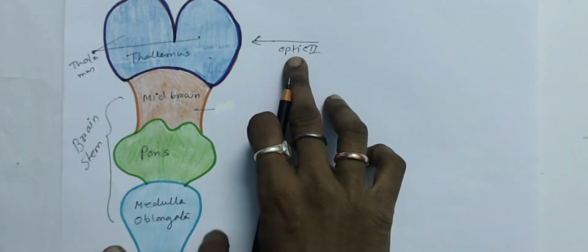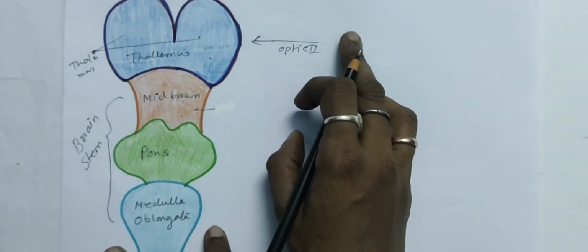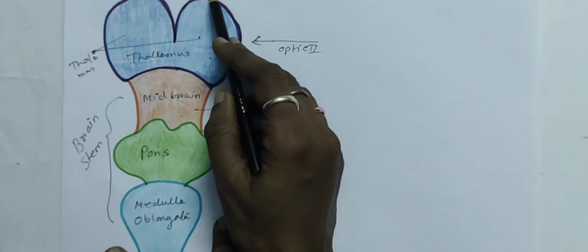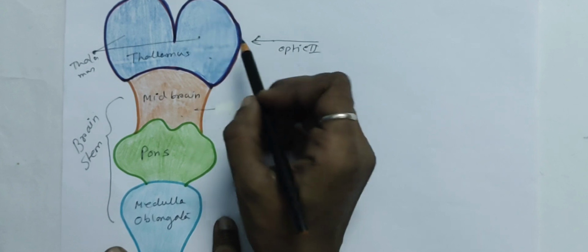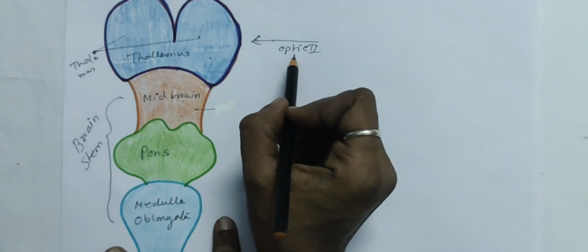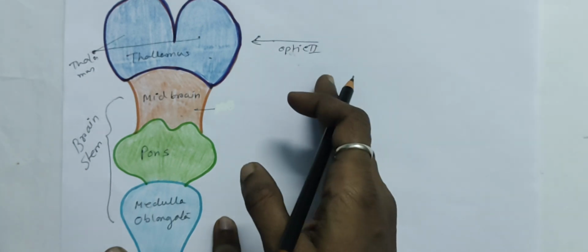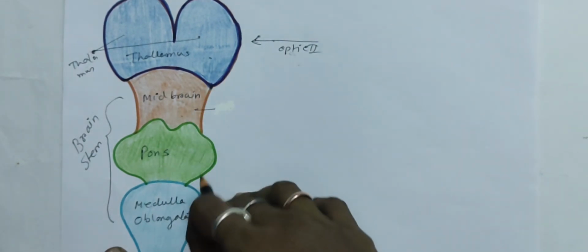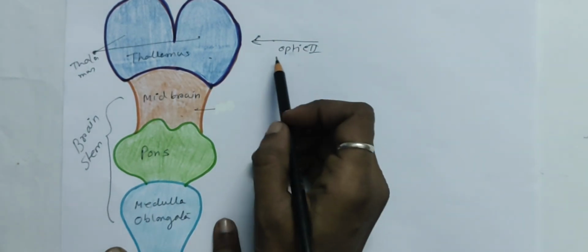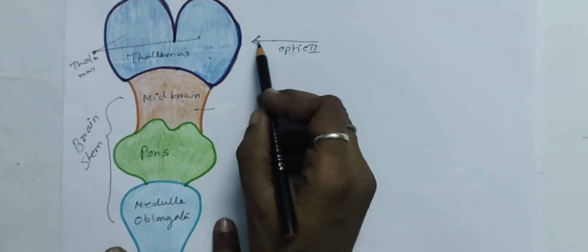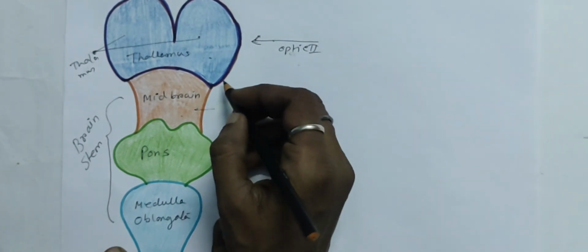This is the second nerve, and the first nerve, the olfactory nerve, is actually associated with the upper part of the brain, with the cerebrum. But from the second nerve, the optic nerve, it is associated with the brainstem. So I am writing it from the second nerve. The optic nerve is the first nerve associated with the brainstem.